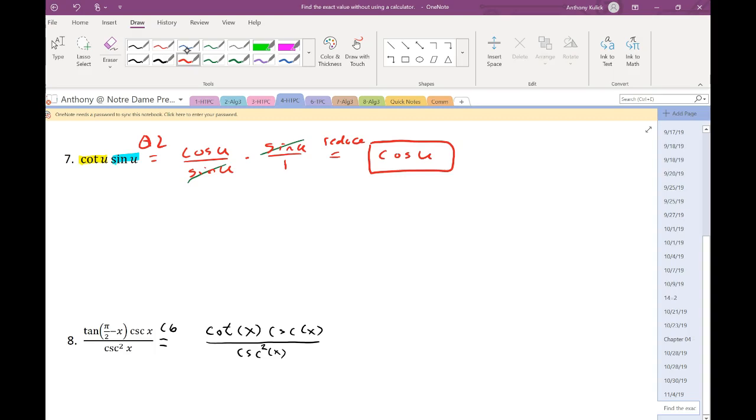Yeah, so we can do some reducing, right? Everybody agree with that?